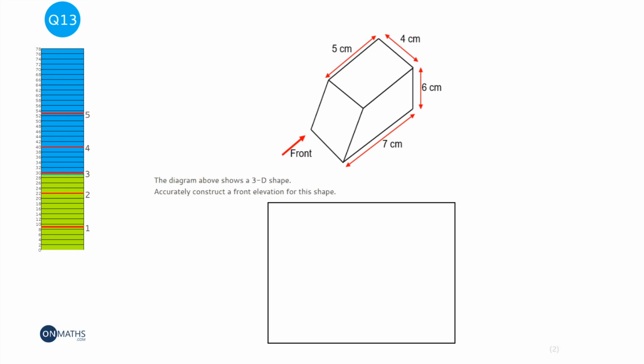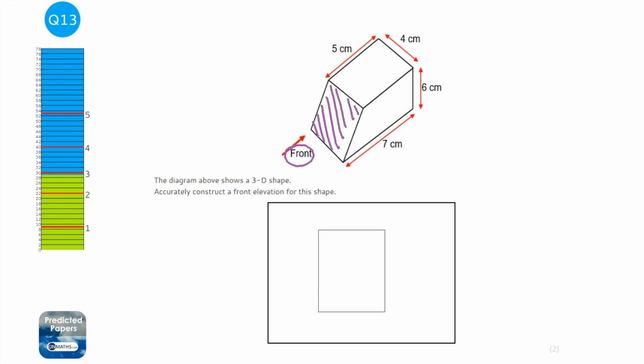So when we're standing where the arrow is with the front, all we can see is this bit here. That's the only thing we can see. So it will look like this. Now, I'm not able to draw accurately here, but the width of it will be the same width as at the back here, so it would be 4 centimeters.